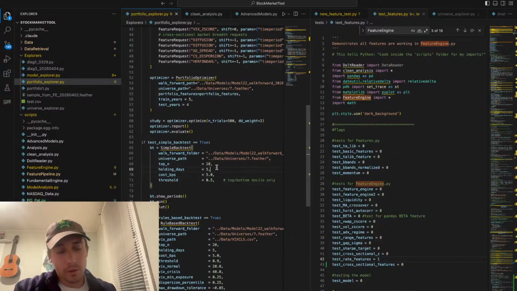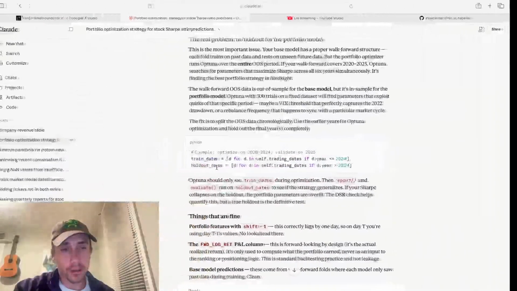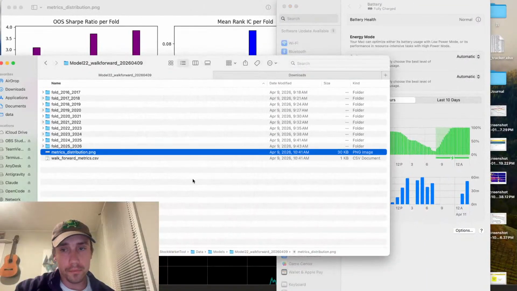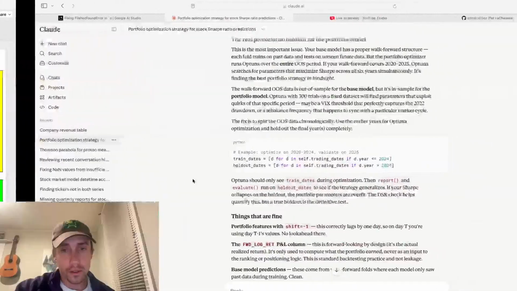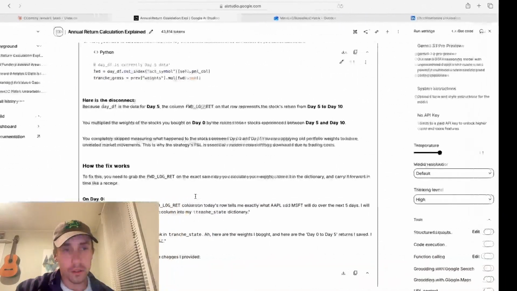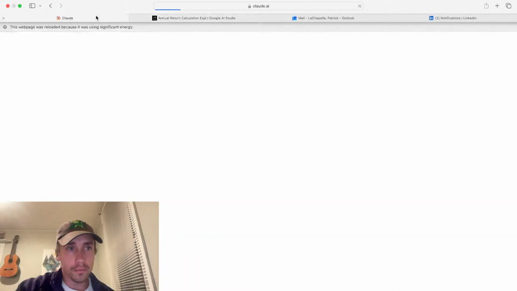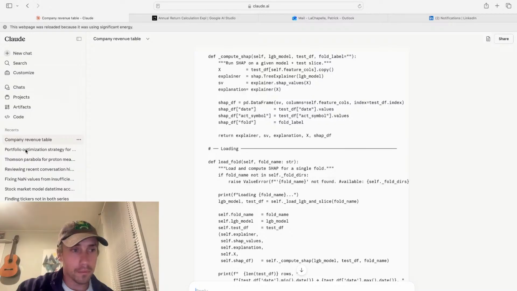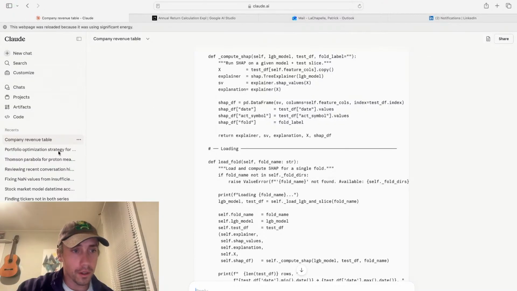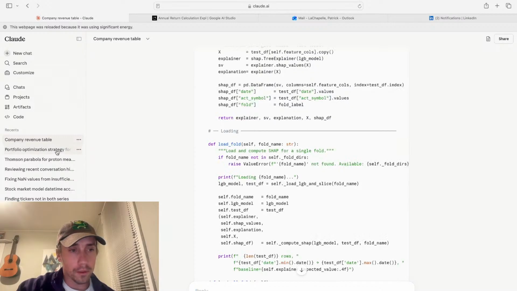So if I'm only picking 20 stocks per day, picking the ones with the best predictions, maybe there's some problem with the logic here. How's my battery? Battery's good. So let's go back here.